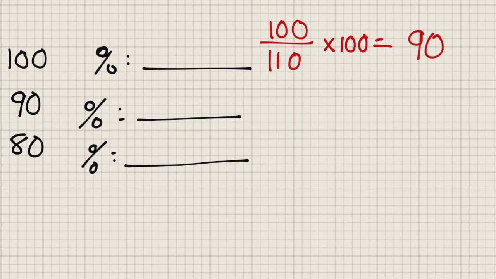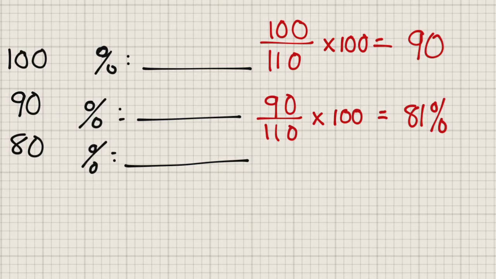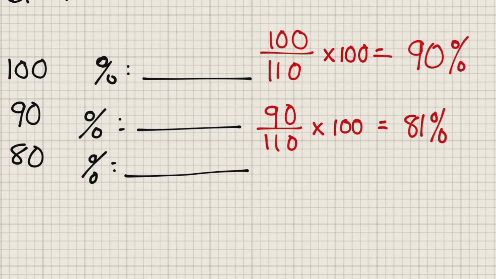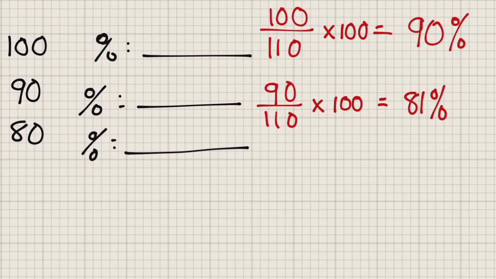Okay, the next one: 90 over 110 times 100 equals what? 81. We'll say 81%.